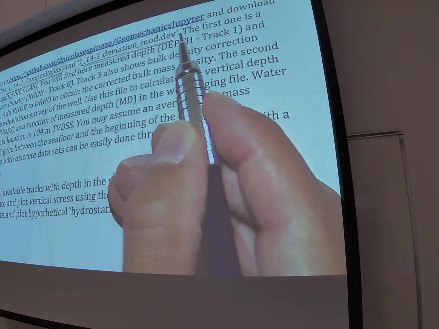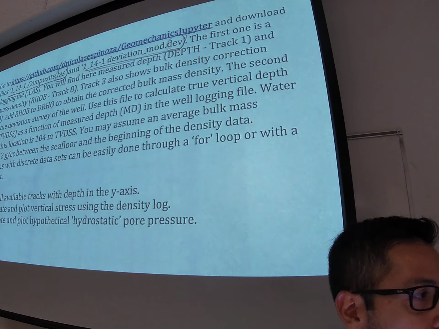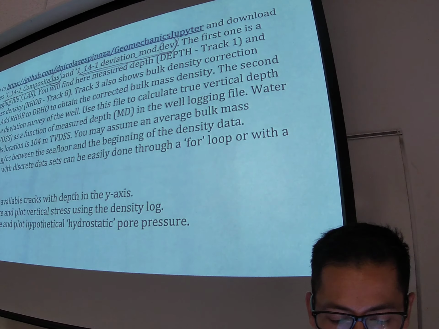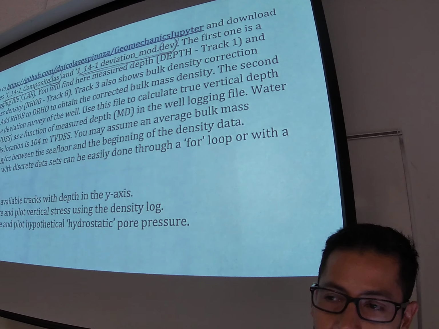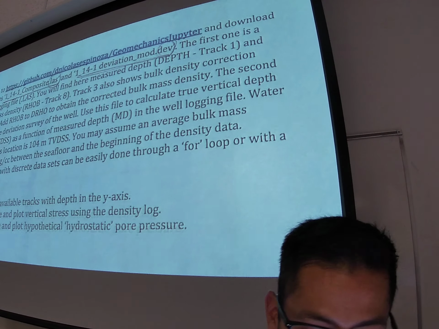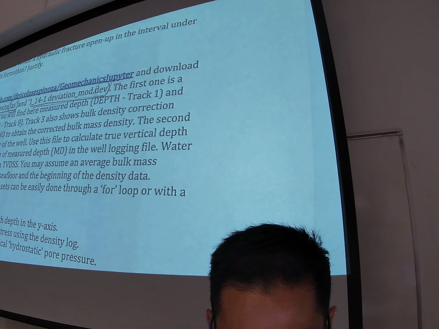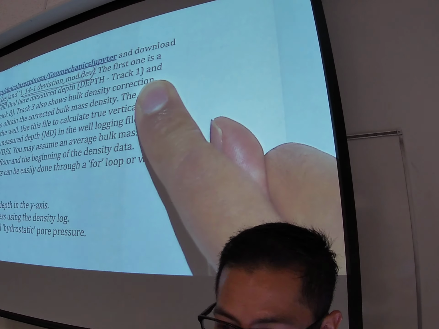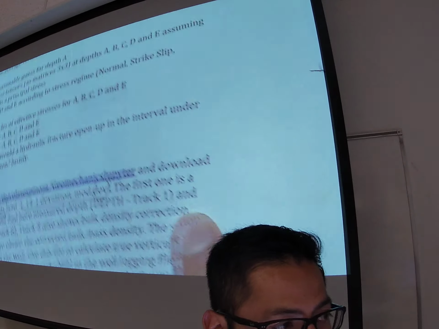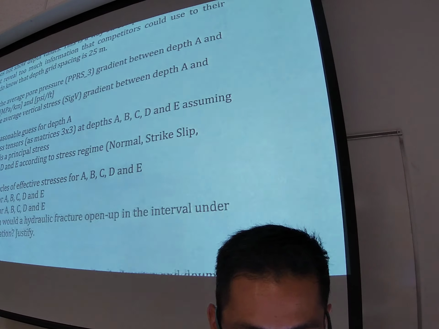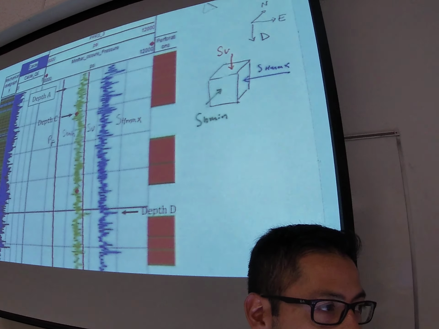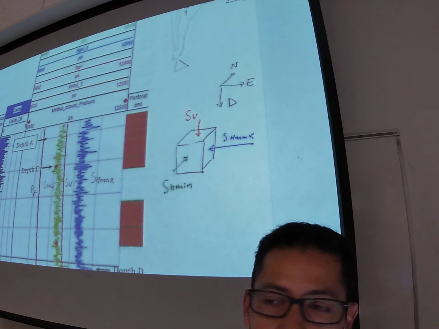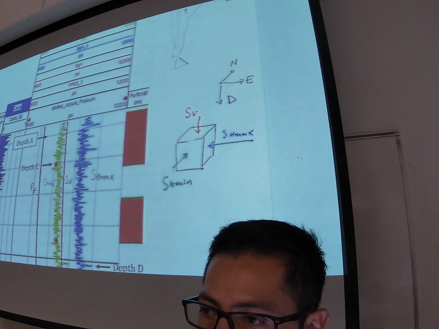And based on those two, you're going to tell me what is the vertical stress. So we're going to get to that later on, but that's the objective for this first week. First, to calculate vertical stress, and second, to understand stresses and to plot stresses with different types of plots. Okay?